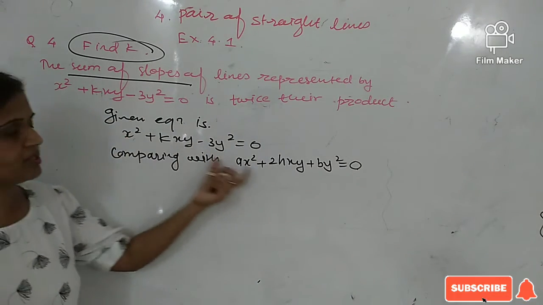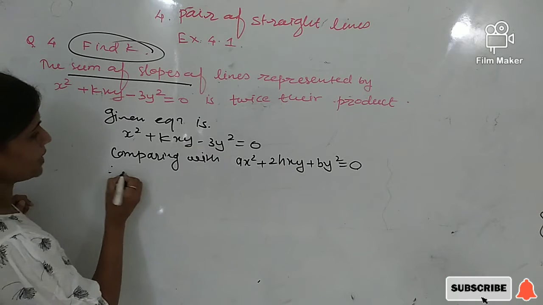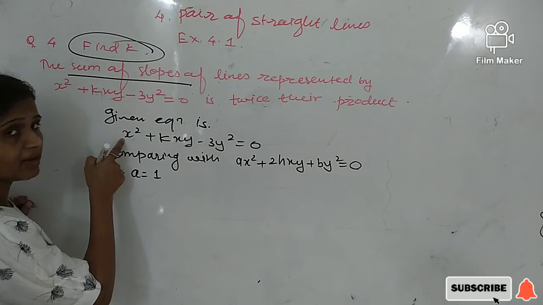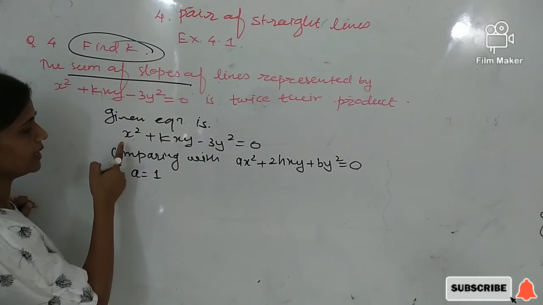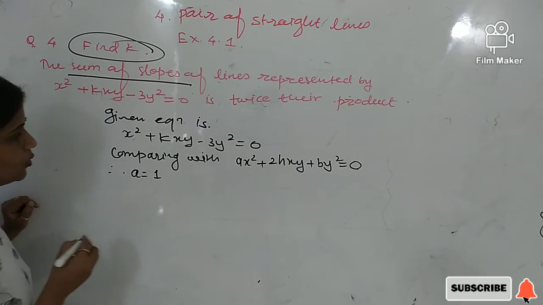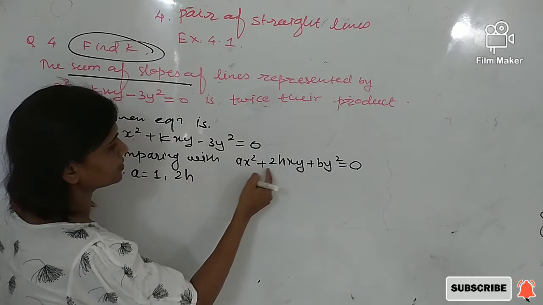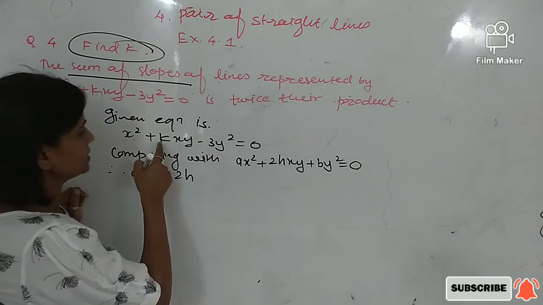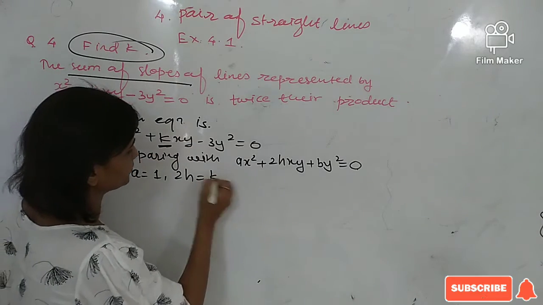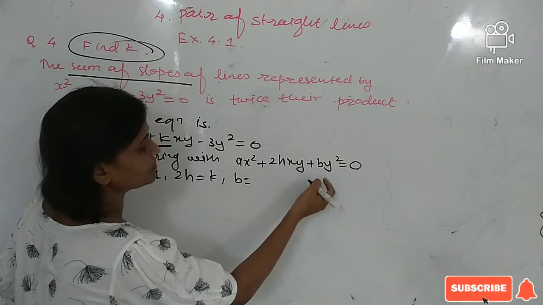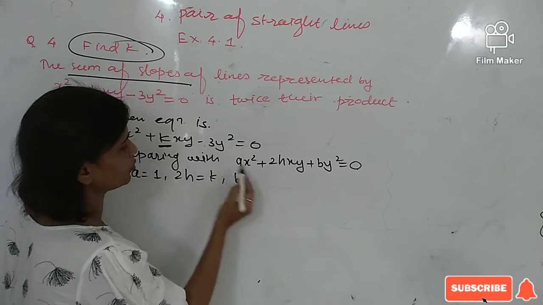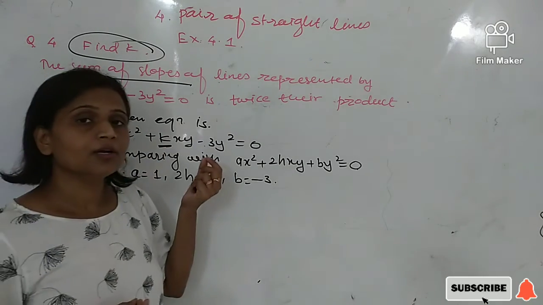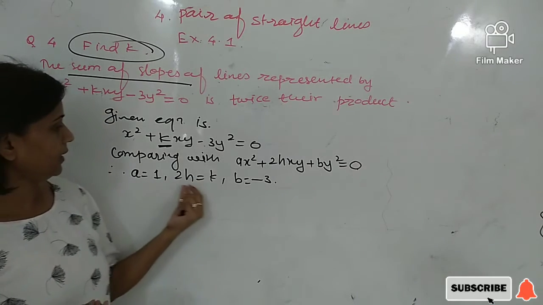After comparison you will get the value of a as 1, the coefficient of x square. Then 2h is the coefficient of xy, which is k, so 2h is k. And b is the coefficient of y square, which is minus 3. Then apply the relationship between the slopes and a, h and b.